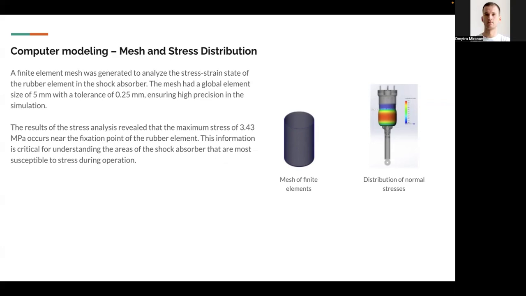The results of the stress analysis revealed that the maximum stress of 3.43 megapascals occurs near the fixation point of the rubber element. This information is critical for understanding the areas of the shock absorber that are most susceptible to stress during operation.